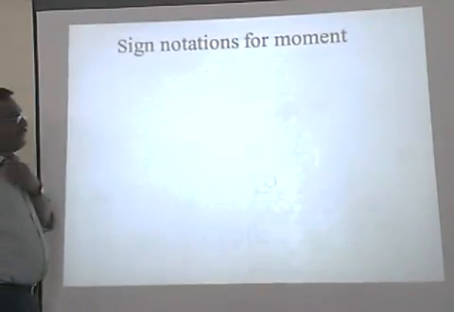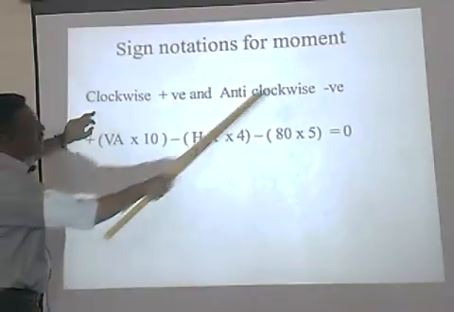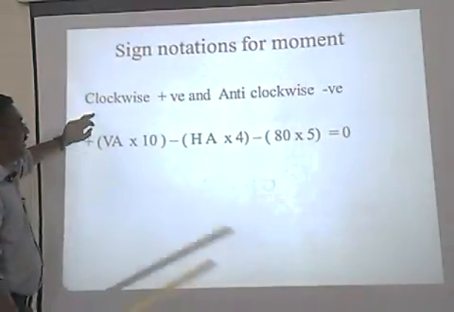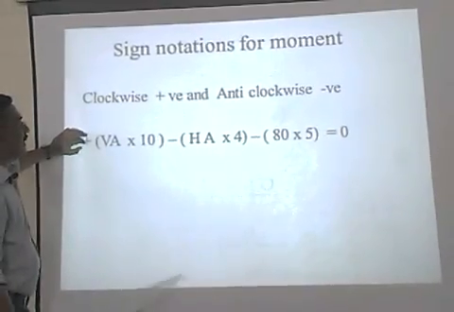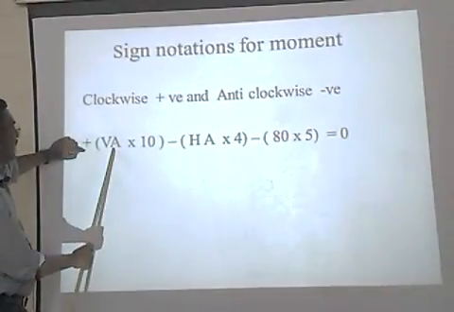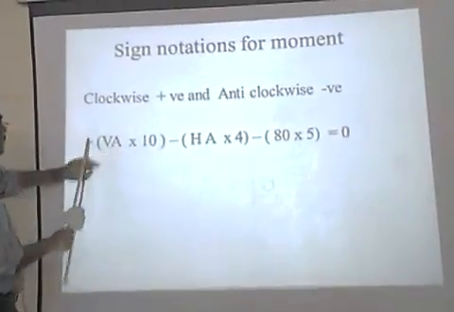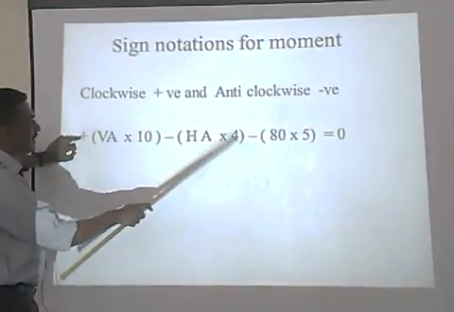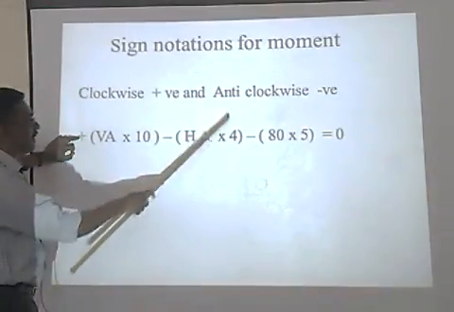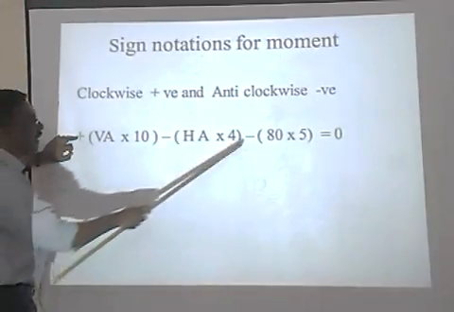Usually, for the sign notation of moments, clockwise moment is positive and anti-clockwise moment is negative, as I told you earlier. Now, incorporating all the forces in the moment calculation: VA times its distance of 10 meter, clockwise, so positive. HA at a distance of 4 meter from the crown, anti-clockwise, so negative.